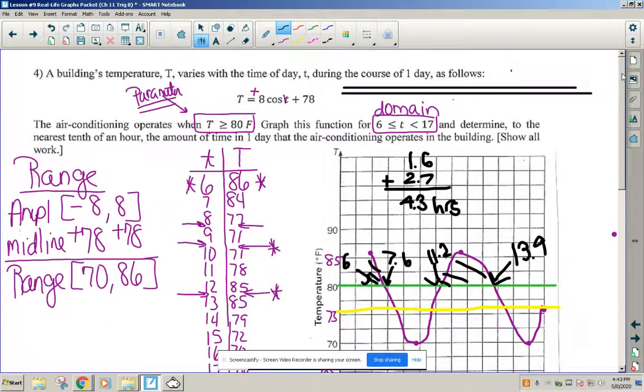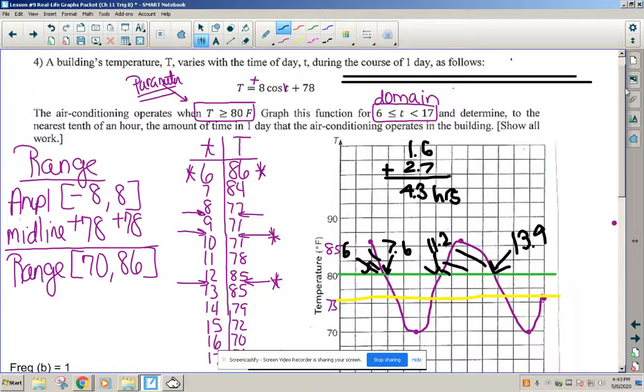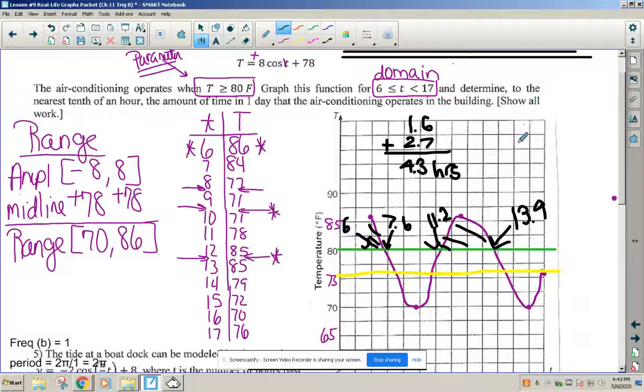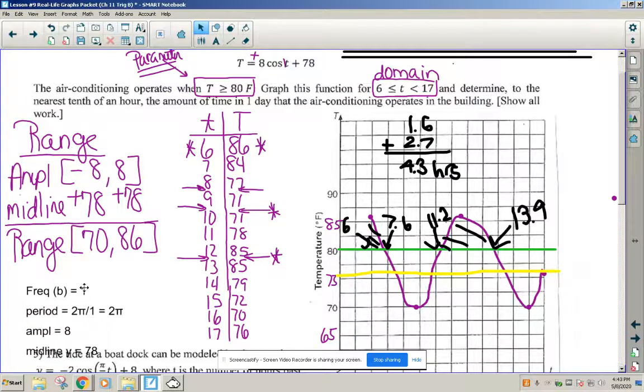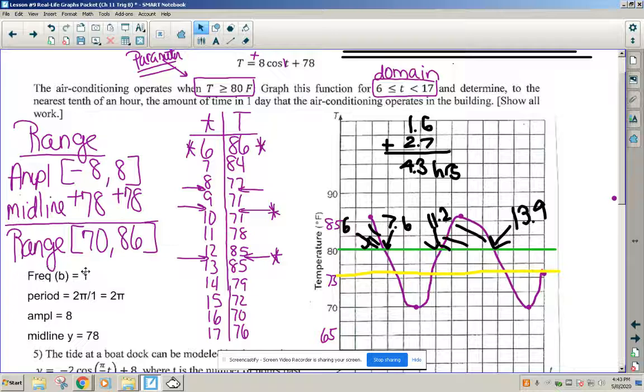Now, one of the things I've been writing to a lot of people is that I haven't been seeing a whole lot of labels. Now, I have my amplitude, I have my midline, I have my range. And one of the things that I need to make sure is that I also have the frequency and the period.